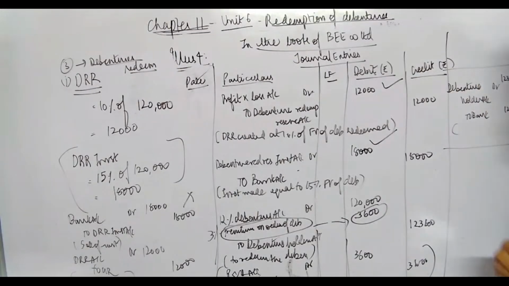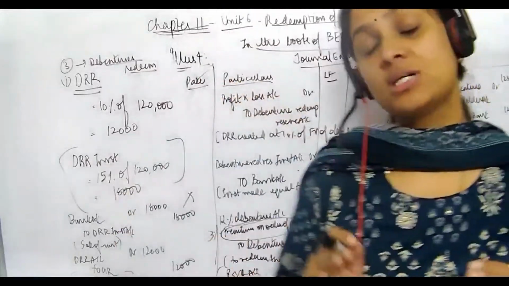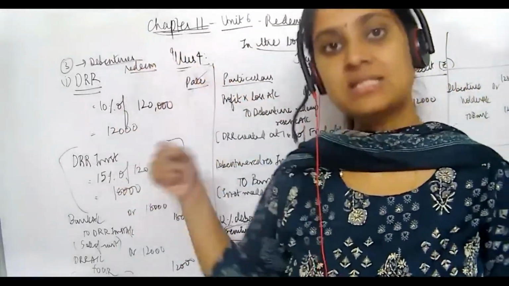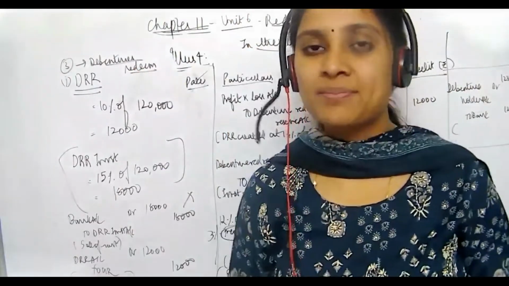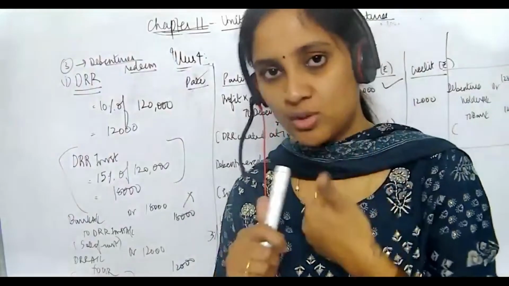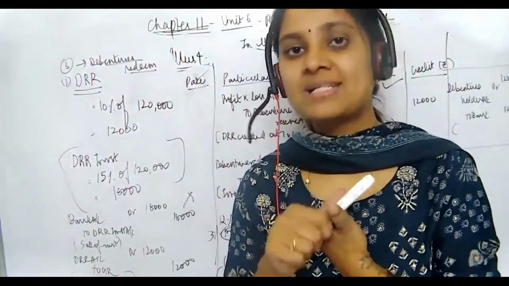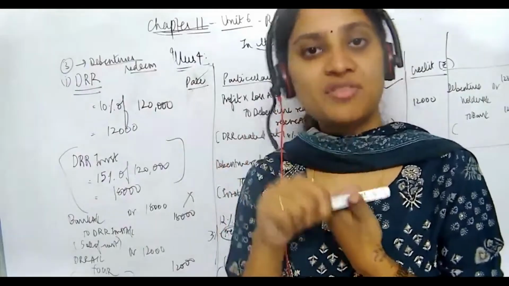So my dear students, if you get a question on debenture redemption, it can be this type of question. How, madam? Very easy. First, you had a rights issue given in the question. You will understand from the ratio how many shares are issued and the amount of the rights issue.